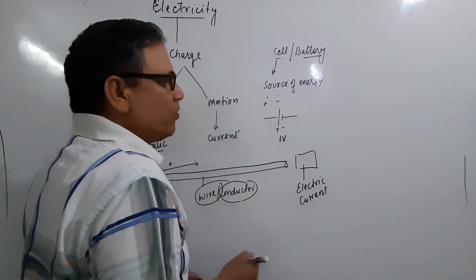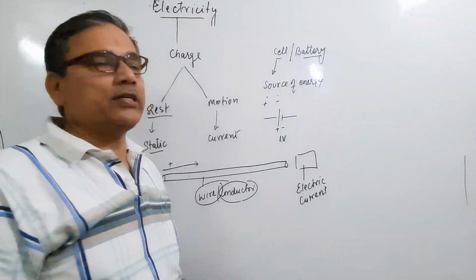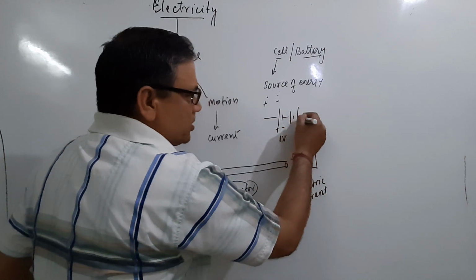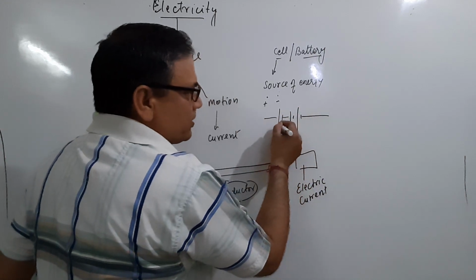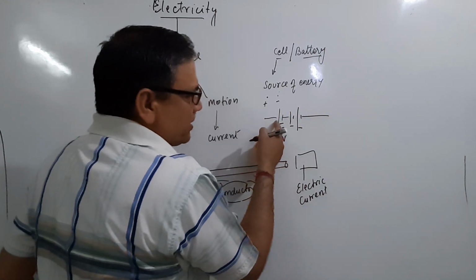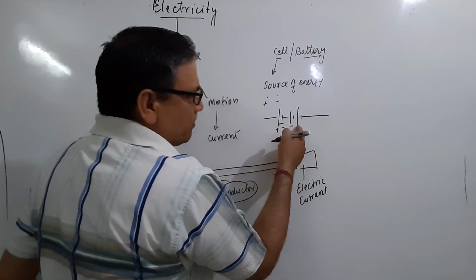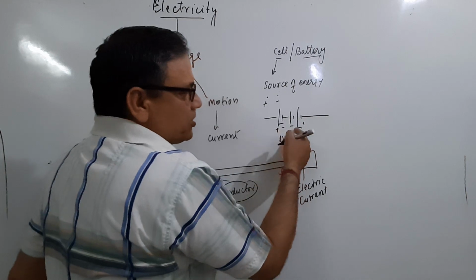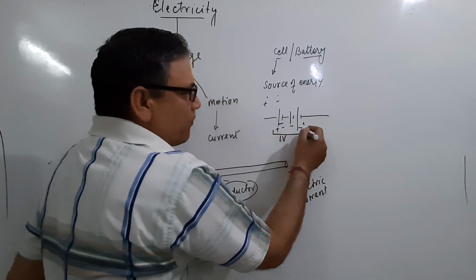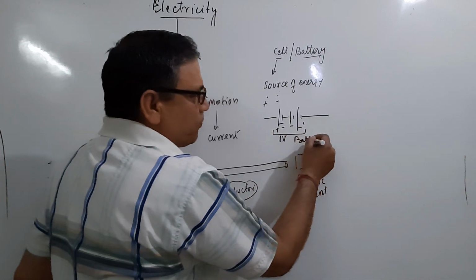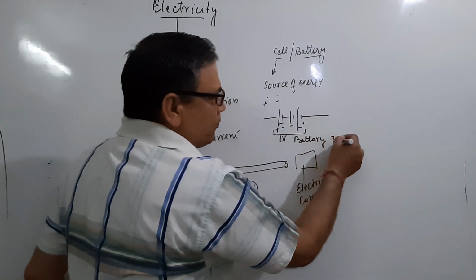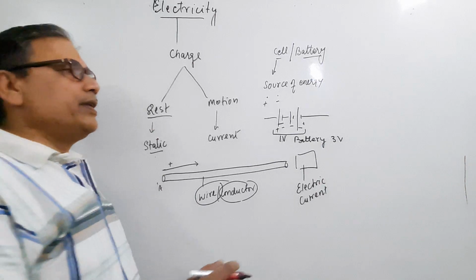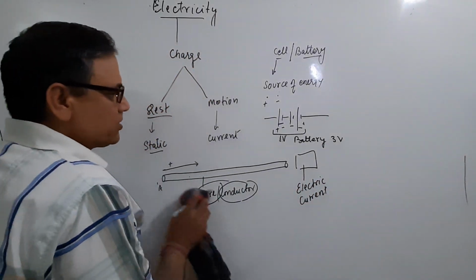One cell contains 1 volt, and how do we have to connect them? This is cell 1, 2, and this is 3. Here are the 3 cells: plus, minus, plus, minus, plus, minus. When combined together, they will form a battery of which voltage? 3 volt. It forms 3 volt, and we never connect the battery like this.